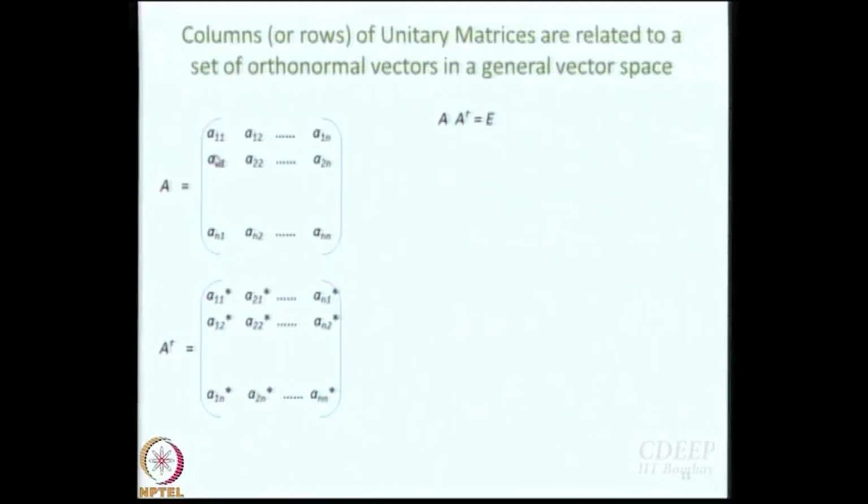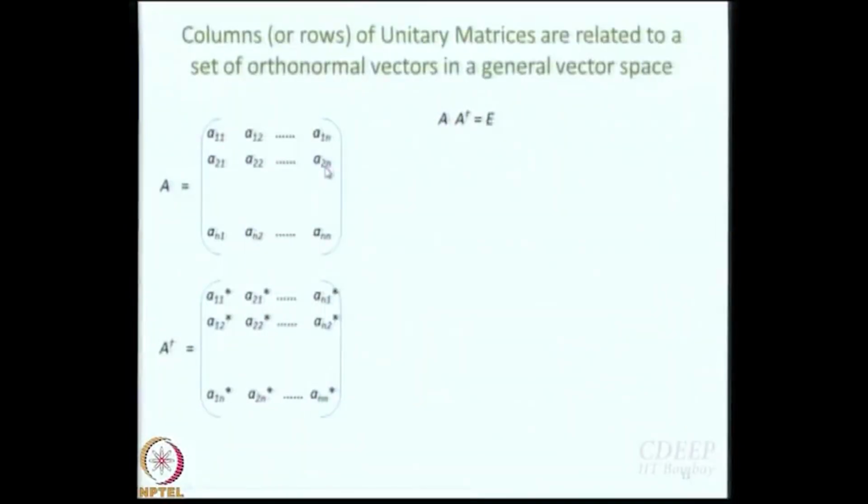What was the row? A11, A12, etc., A1n. What is the column here? A11, A12, etc., A1n. So the first row has become the first column, and additionally I have put stars all over. My younger son would be happy to see this. He is past the stage where he gets stars in his classwork and homework, but still the fascination remains. Second row A21, A22, etc., A2n.